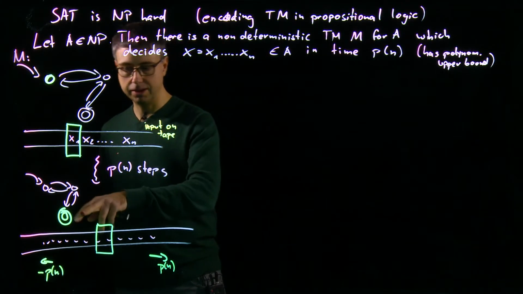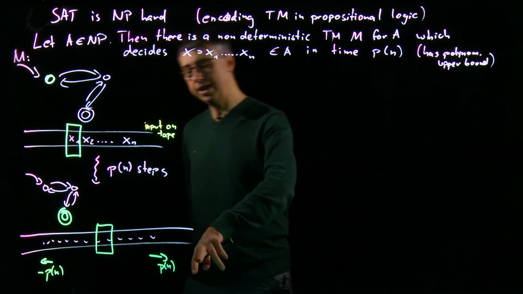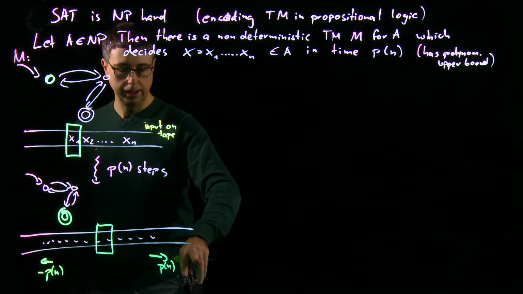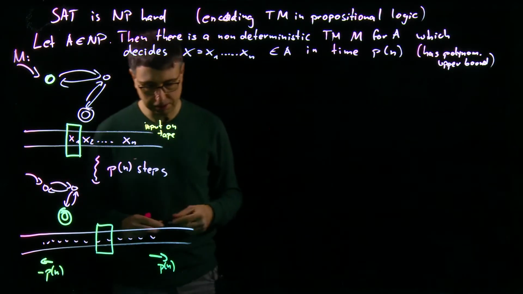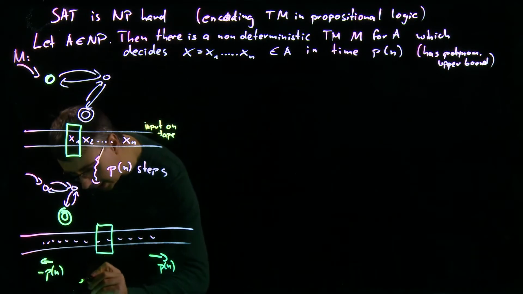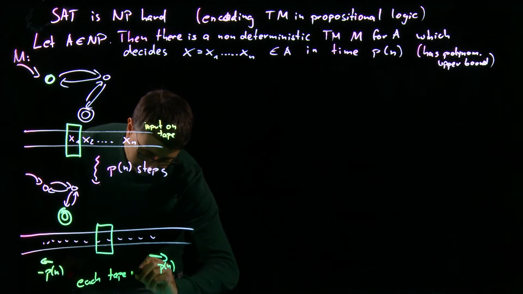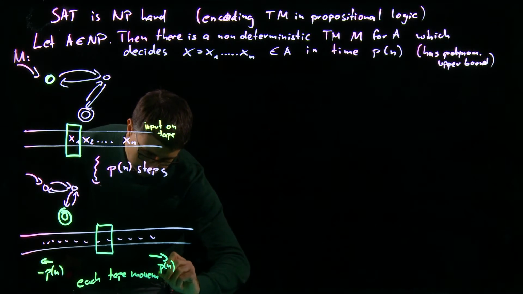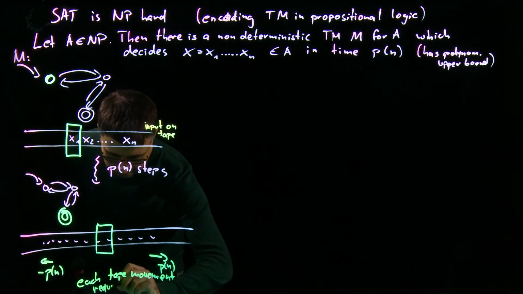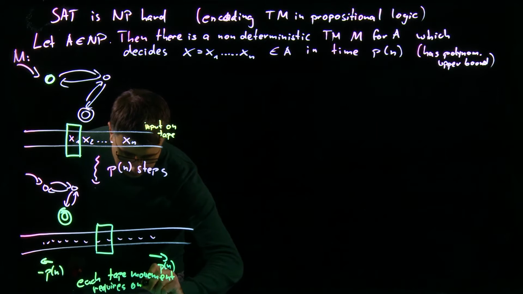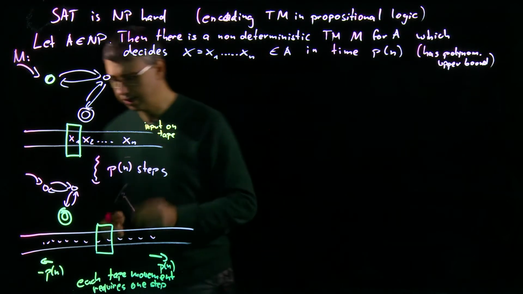After this P of n steps, the Turing machine halts. So we know that we can only reach P of n cells to the right and to the left. So more is impossible because each tape movement requires one step. So that's our situation so far.